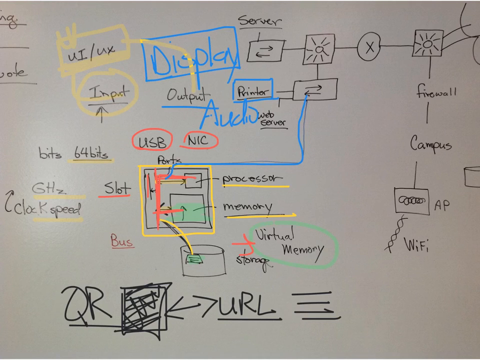Alright, talked about then devices, you know, getting to a web server, a printer via the network, and we're going to talk more about some of the network items here on campus. Talk a little bit about Wi-Fi, access point, and connecting to that.